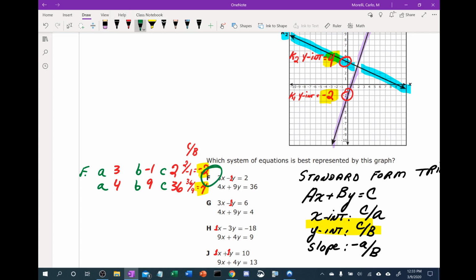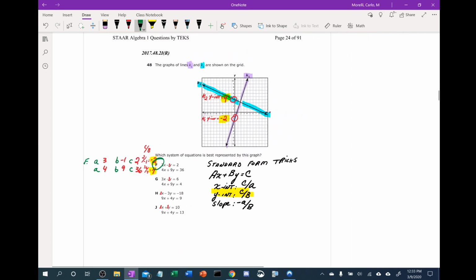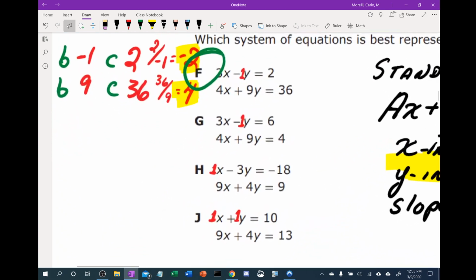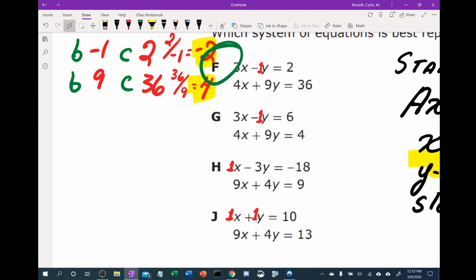F. Guys, I can't tell you how important those tricks are. Let me tell you, because I want you to have the time to finish your homework today, what I had my kids doing last year. You ready for this? I had my kids take each one of these 8 equations and solve them for y.